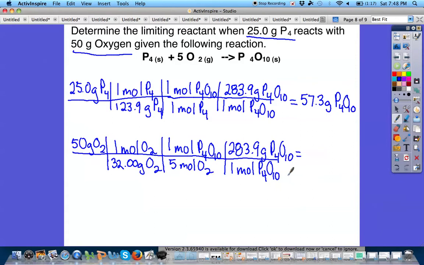So we're going to take 50 times 283.9 and then divide it by 32 times 5, and I got a mass of 88.7 grams of P4O10.